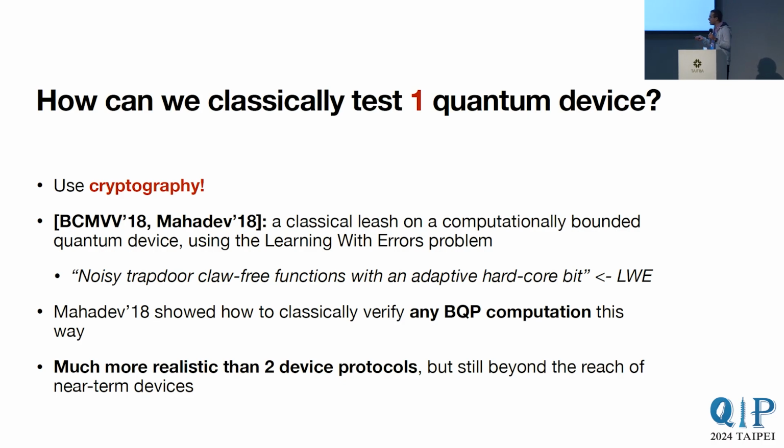So this is great, and it's much more realistic than doing a 2-device protocol, because experimentally having 2 sophisticated quantum devices that are spatially separated but also share entanglement is really difficult to achieve. Even for the CHSH game, that experiment I showed you in the previous slide was a major effort that took a lot of work. So this is great.